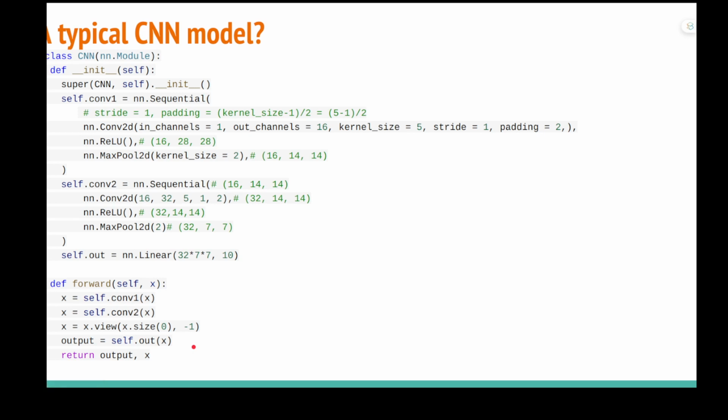The previous example was an implementation of a linear layer, and for CNN models, typically it will look like this one. We still have a CNN class here, which is derived from nn.Module, and we have a constructor and a forward.